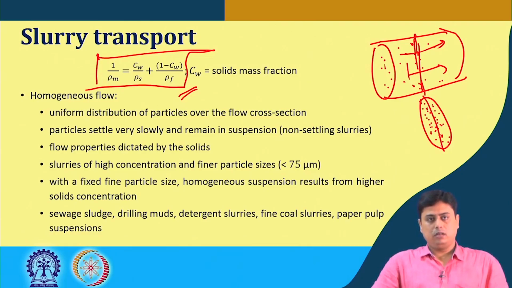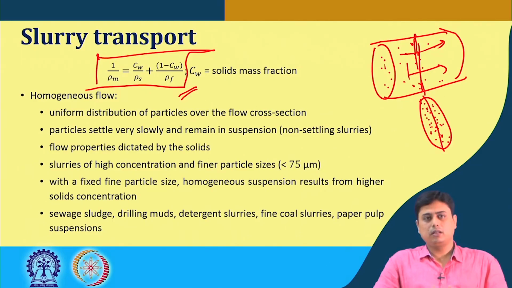If that happens, we typically say this is the homogeneous flow, and the particles should settle very slowly, and as I said, ideally it should remain in suspension. In this category, such slurries are also called non-settling slurries, because by the time it settles, it reaches its destination.